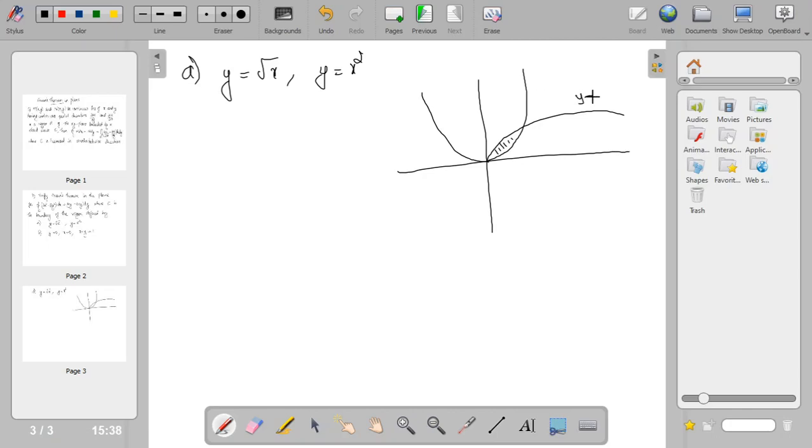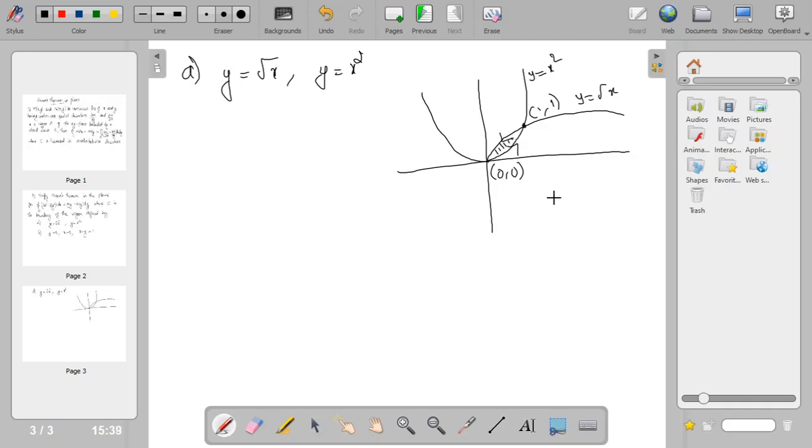So this is y equal to root x and this will be y equal to x². This is the point 0 0 and the point of intersection is 1 1. Now you need to take the counterclockwise direction, so that will be this direction.